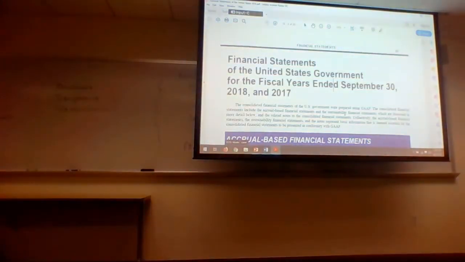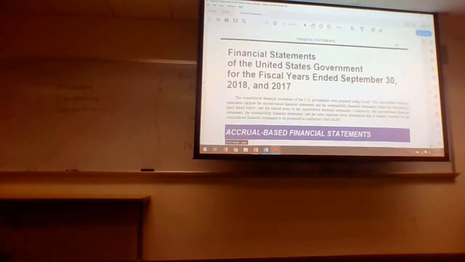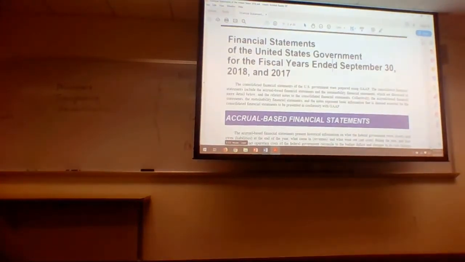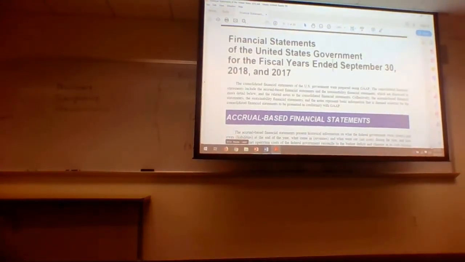The first thing you'll notice is that the fiscal year for the U.S. government ends on the last day of September. Okay? So it's not December 31st. It's not a December 31st year end. It's September 30th. Why is it September 30th? Why not just make the fiscal year end for the U.S. government December 31st? Anybody know? Yes?